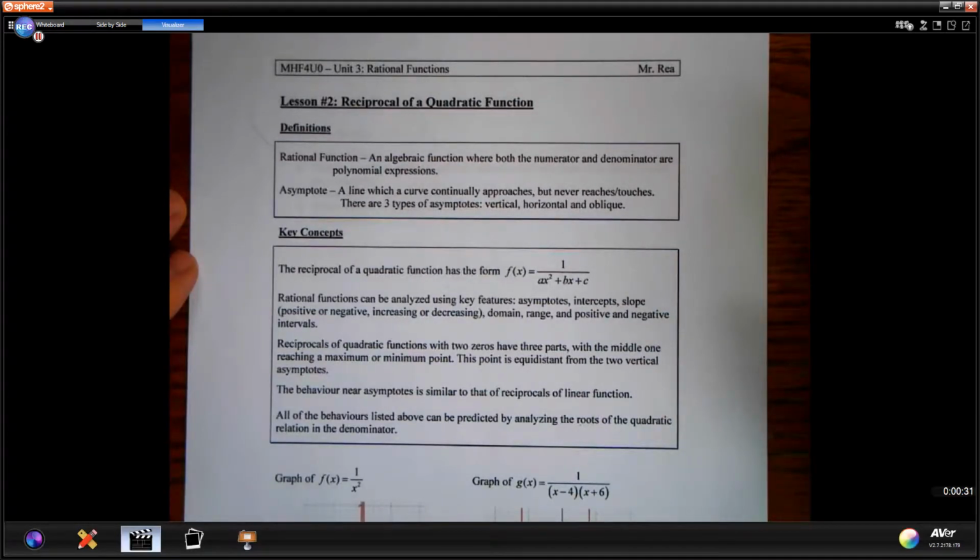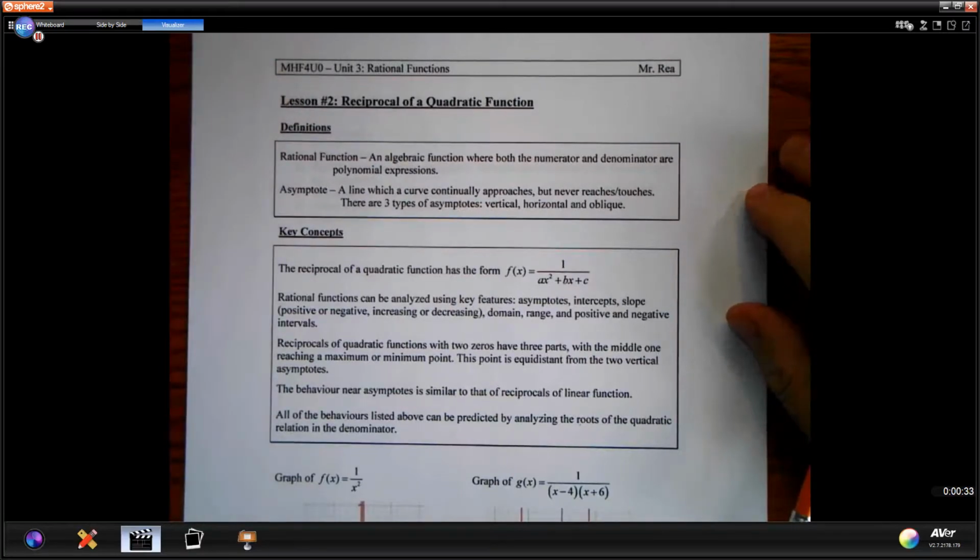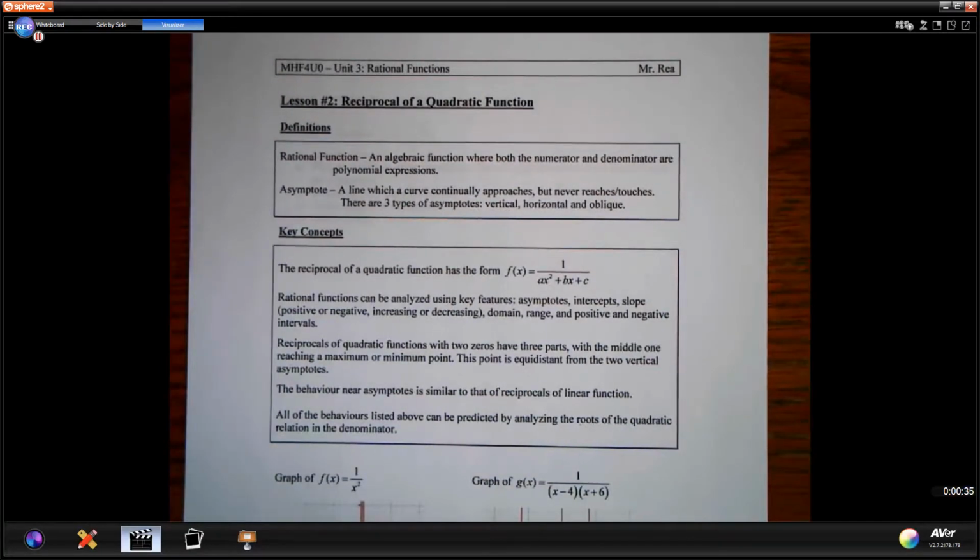We're going through the lessons where we look at the different types of rational functions. The last lesson we looked at the reciprocal of a linear function. That basically means the function is 1 over a linear function, like 1 over 2x plus 1 would be an example.